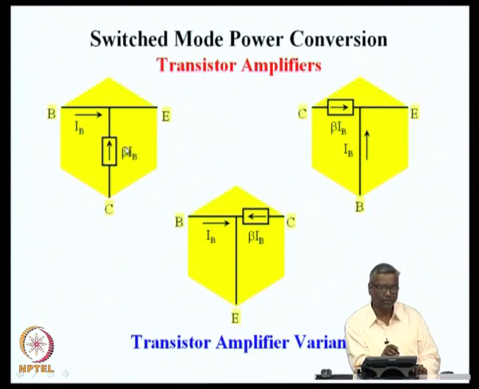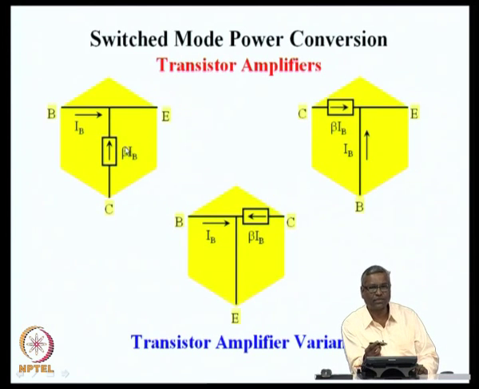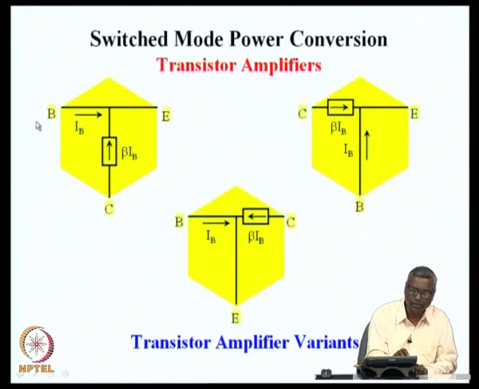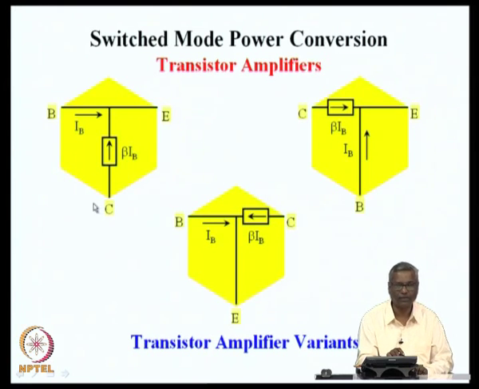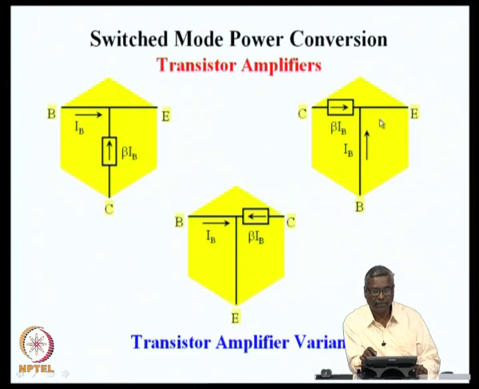It is possible to use this transistor as an amplifier in several ways. You can use it in what is known as a common collector amplifier, where the input is between base and collector and output is between emitter and collector. In the same way, we could use it as a common base amplifier, where the input is given between collector and base and output is taken from the emitter and base circuit.